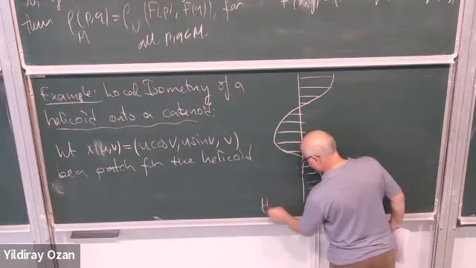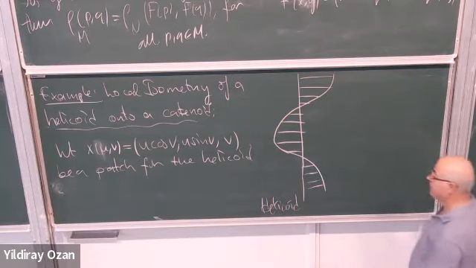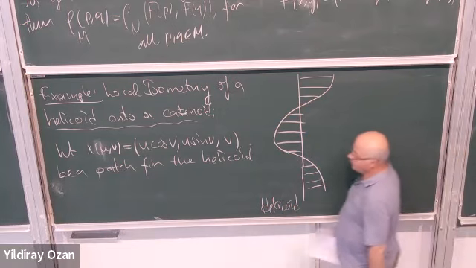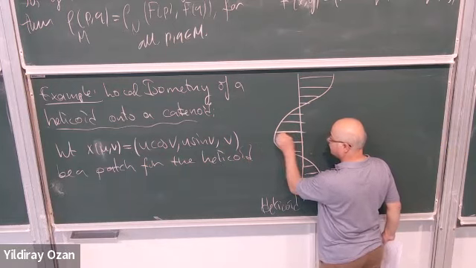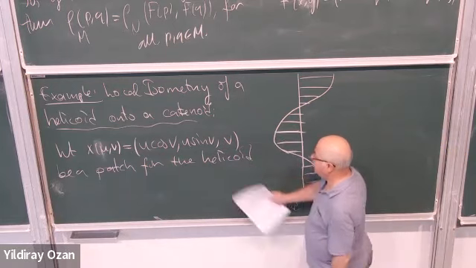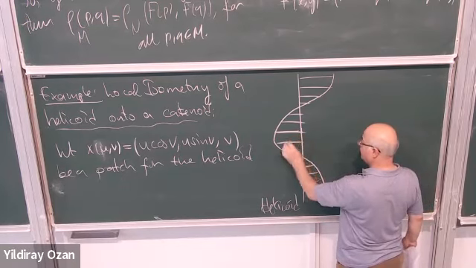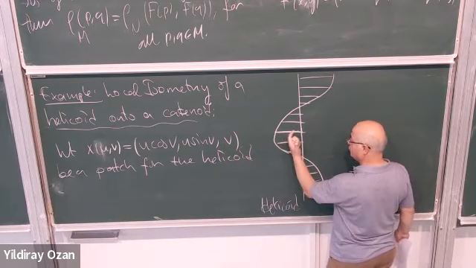If you increase u, then you go in this direction, right? If you increase v, you go in this direction, and of course, the point also turns, right?